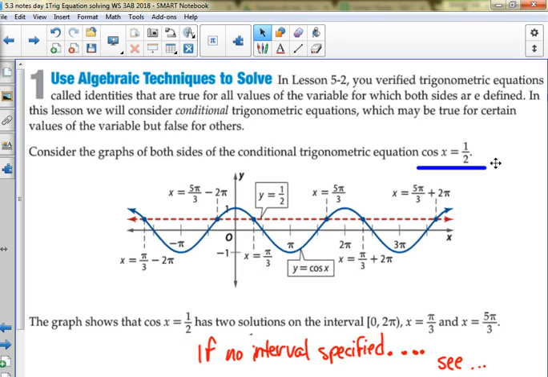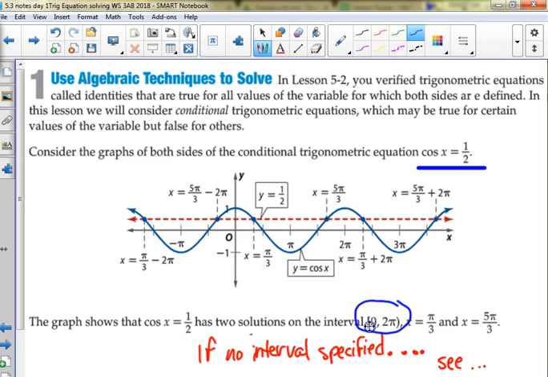So if I was taking answers, I could have pi over 3 plus 2 pi, over 3 minus 2 pi, etc., right? You think about the graph, the value hits 1/2 over and over, okay? A lot of our questions will use this interval. They'll say basically on the unit circle, right? 0 to 2 pi.